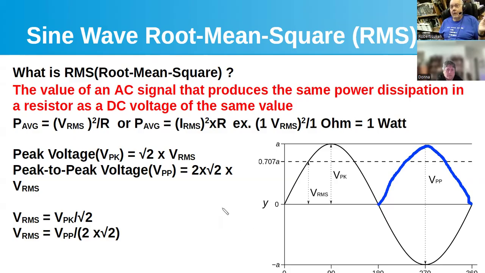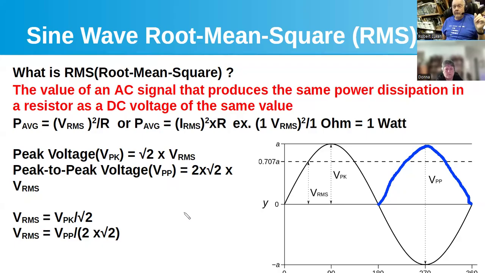So if I want to calculate it, and I know we have a sine wave with a peak voltage, which is A here, V peak, it's equal to the square root of 2 times the RMS voltage. So the RMS voltage is going to be the peak voltage divided by the square root of 2.